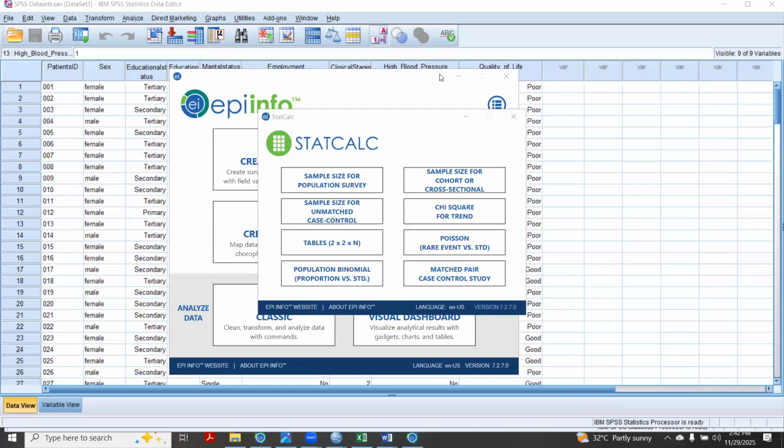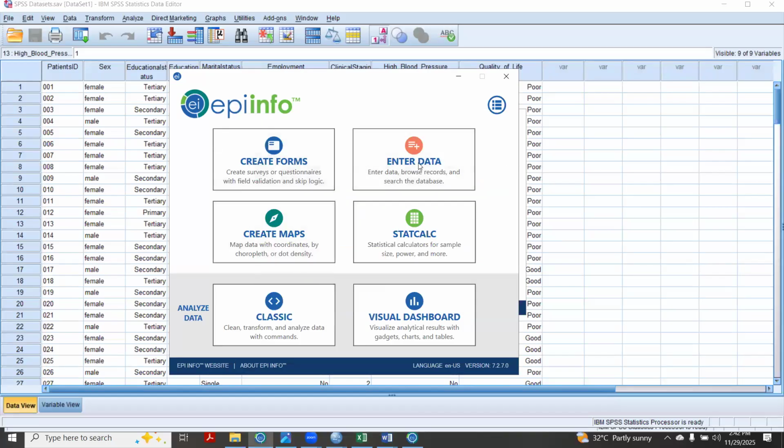Unless you can tell me what you mean by advanced statistics in the Epi Info menu. Let me see. Advanced statistics in the Epi Info menu. I'm not seeing advanced statistics here.